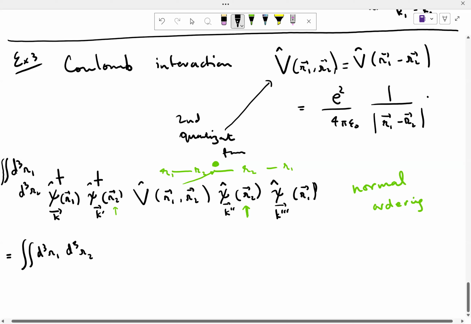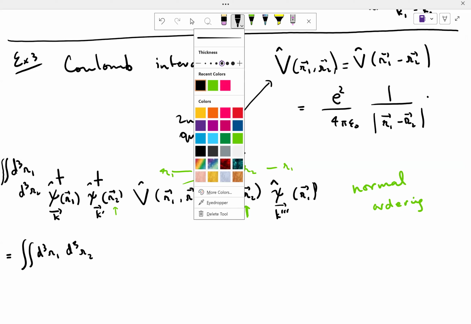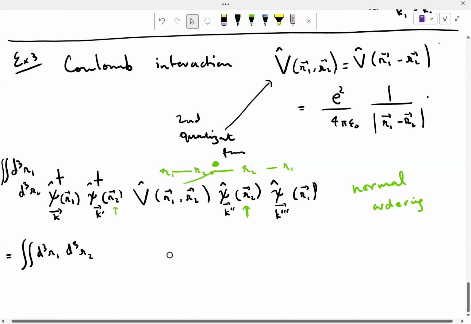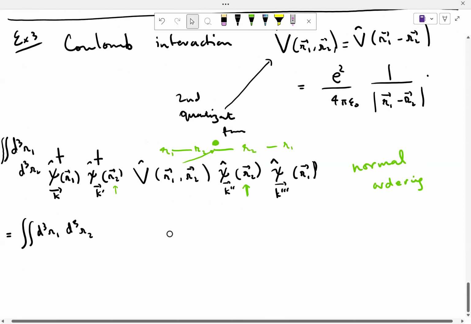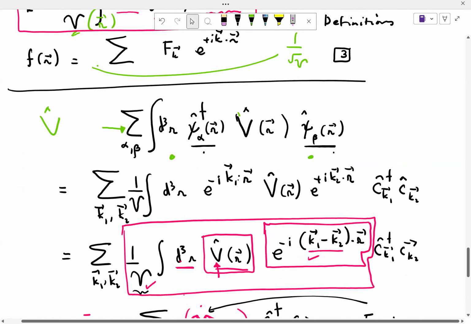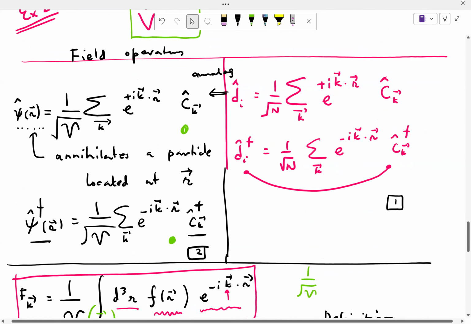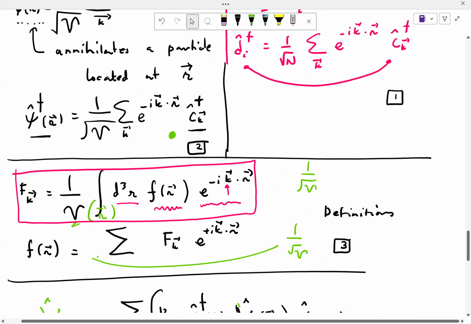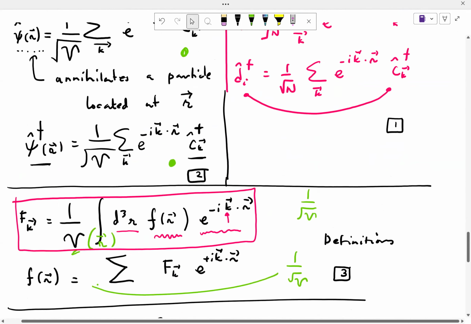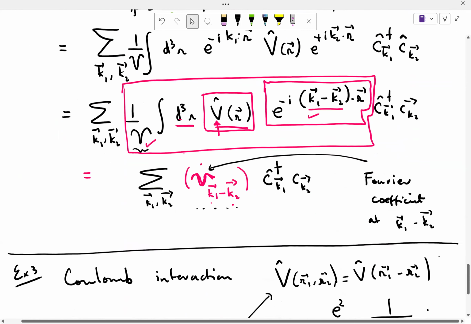So I just reduce the thickness of my pointer a little bit. And simply I take the field operators that I've defined over here, the green dotted expressions, and I put them back into this expression.